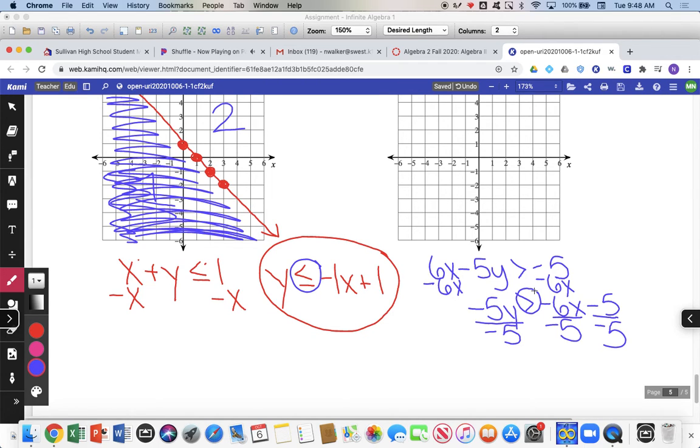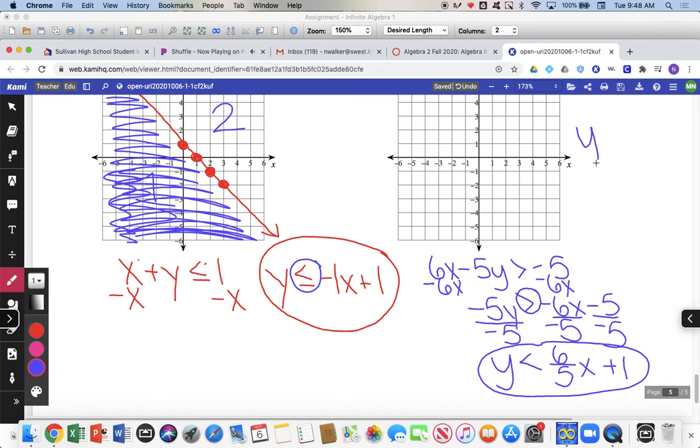The greater than sign should flip to a less than sign. Two negatives become a positive 6/5 x, and then two negatives become a positive 1 there. So I'm actually going to rewrite this. Once you solve it, the slope-intercept form is the one that you're going to use to help you decide what type of line and which way to shade.